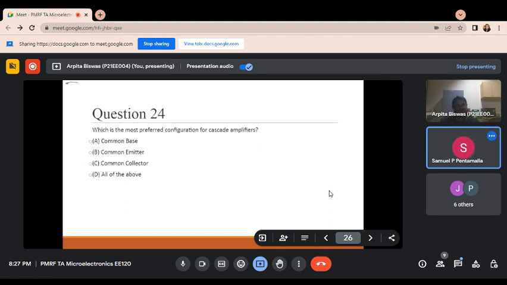Anyone who has heard about the cascade connection? You can simply take it as an amplifier, okay? Here also. So the question is, in which configuration does the BJT act as an amplifier? Common base, common emitter or common collector?